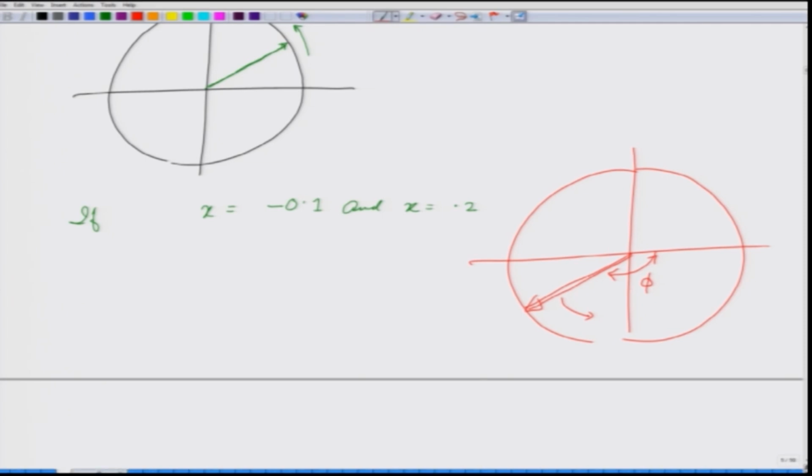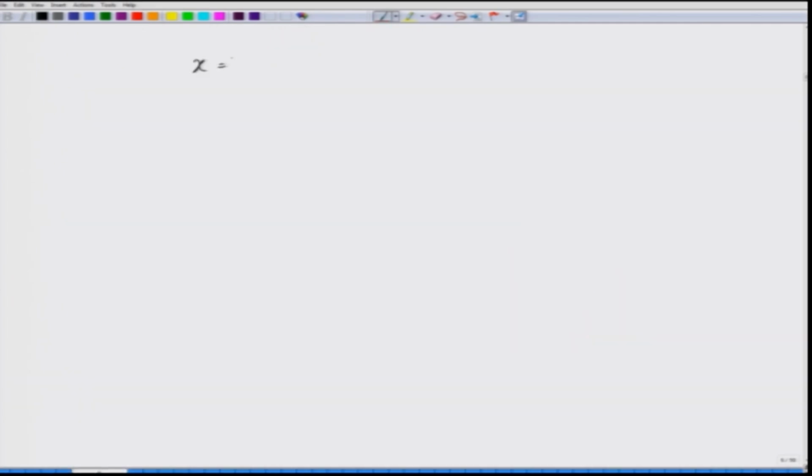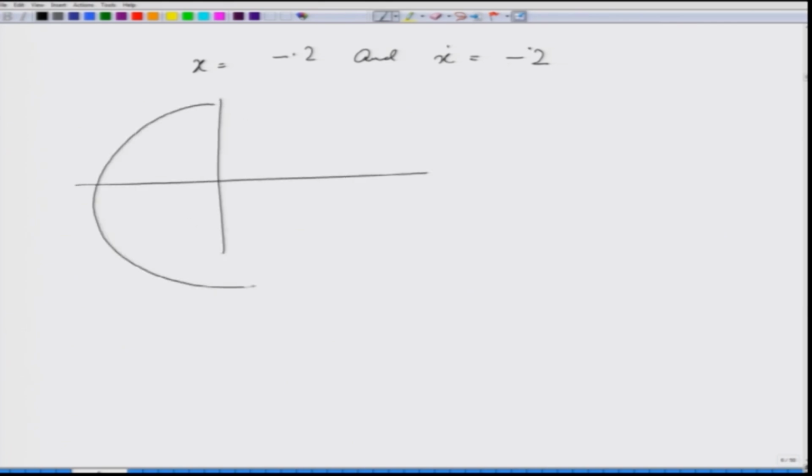Finally, if I have x equals, let us say, minus 0.2 and x dot is equal to minus 0.2, then both are negative and the phasor would be somewhere here and rotating like this. All this has been done keeping in mind that x t is represented by a cosine of omega t plus phi.